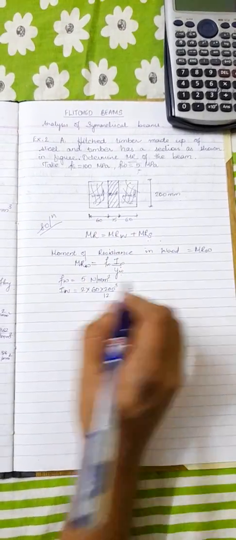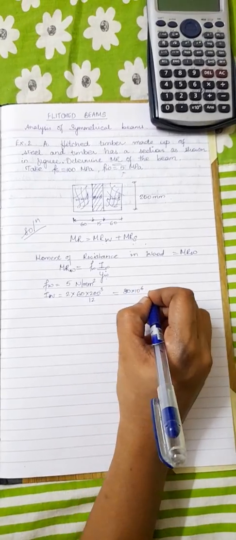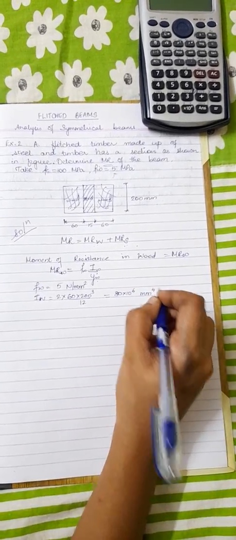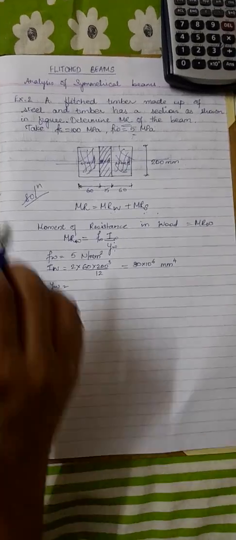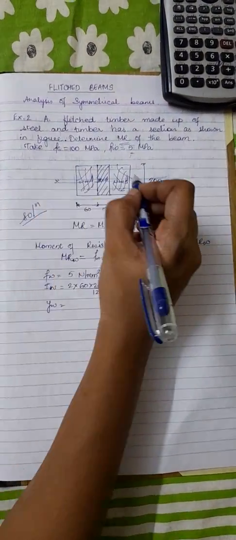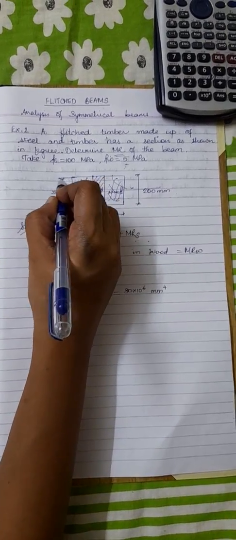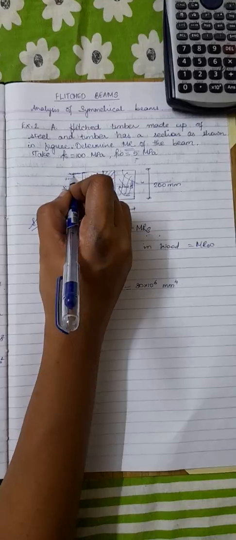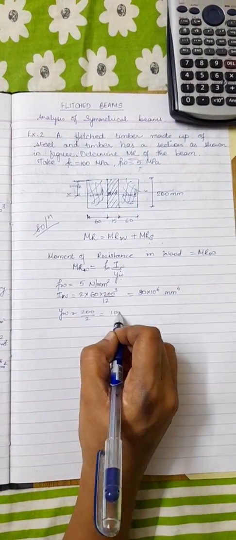So this value is equal to 80 into 10 raised to 6 millimeter raised to 4. What will be YW? From the neutral axis to the extreme fiber, it is 200 divided by 2, which is 100.